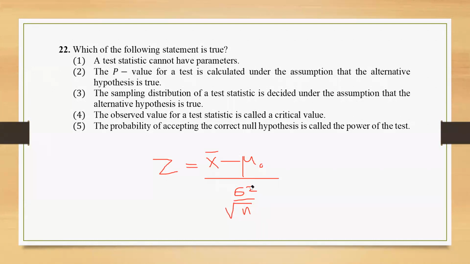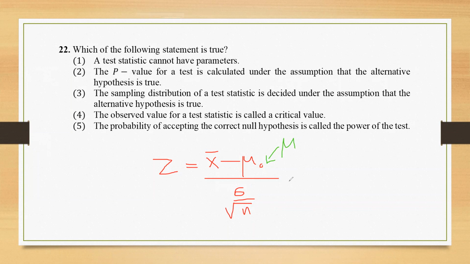Not sigma squared, sigma over square root of n. Normally the equation has mu, but when you are doing the analysis, you take it as mu naught, right? Not as mu. Because if there is a mu, you can never calculate the test statistic value because you don't know mu.